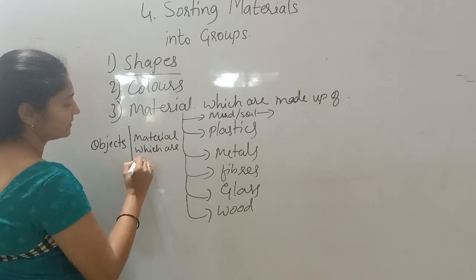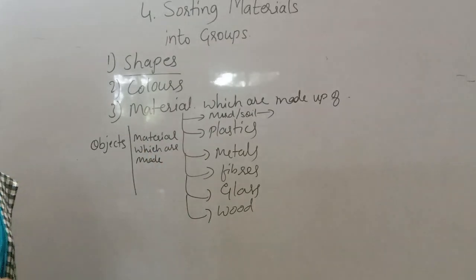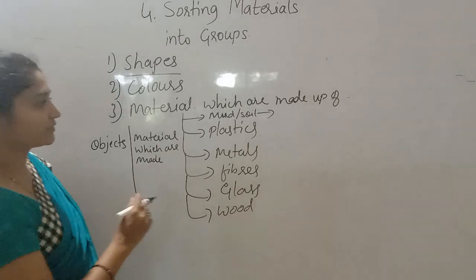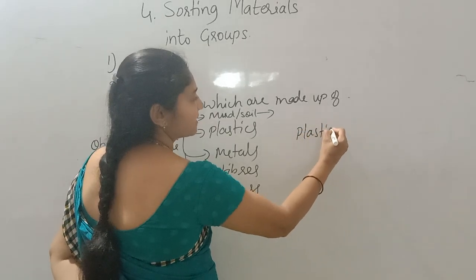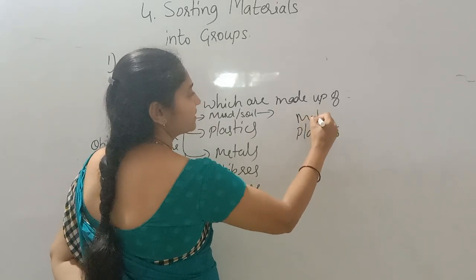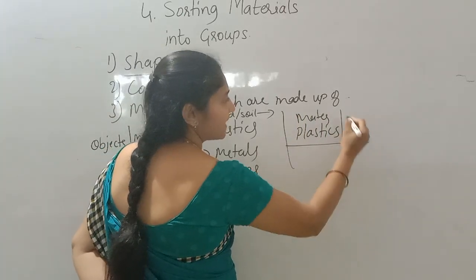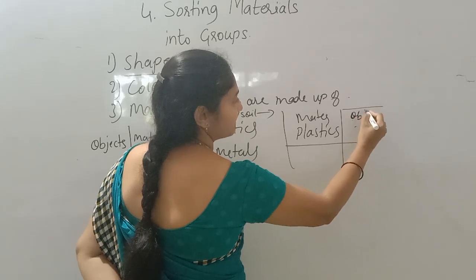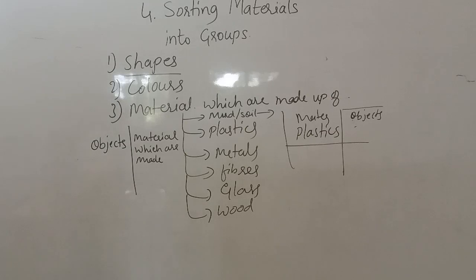Okay, it is one type of sorting. Another type of sorting is, here I am going to write plastic is my material. Material is what? Plastic. Right? And next, I want to write all the objects which are made up of plastic. Like this.